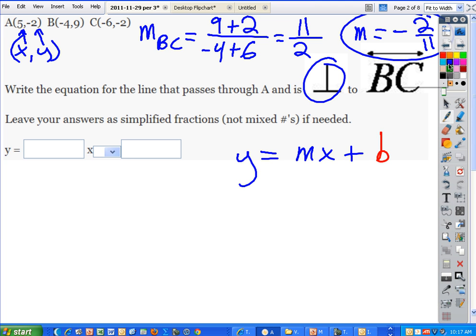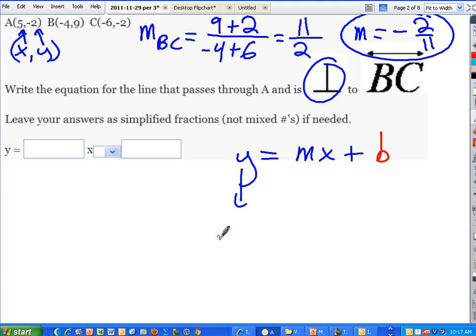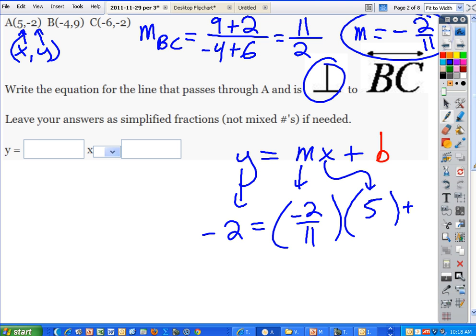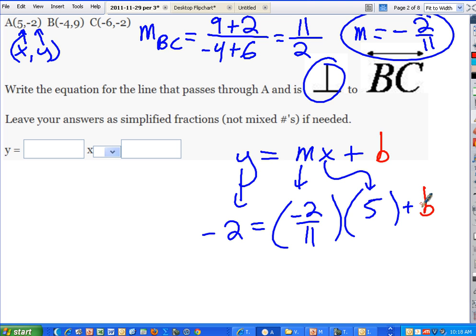To solve for b. So y becomes -2, m is -2/11, x is 5, plus b. Right? Okay.